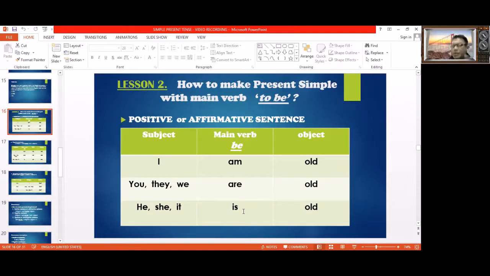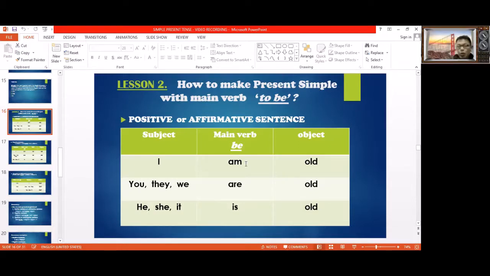Remember again, I uses am. Since only I uses am, we have I am old, or I am a janitor, or I am a teacher. I am from the Philippines. So remember, I uses am. And then you are old. They are old. We are old.